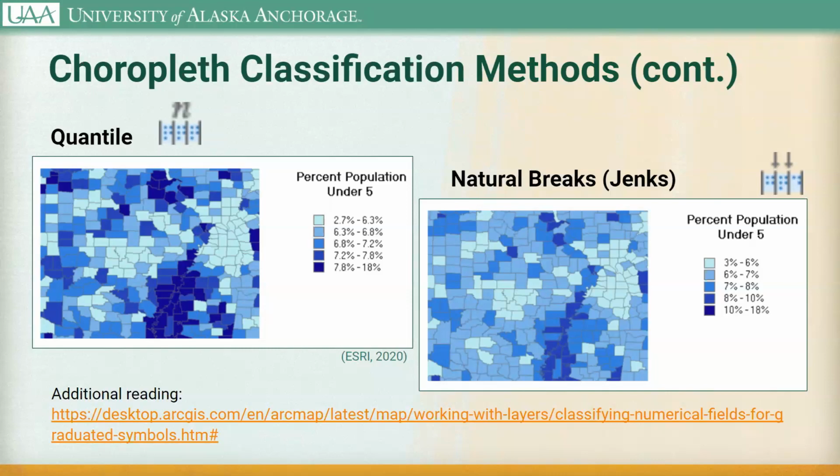So if we had a data set that had a high spike down low and then a spike in the middle and a spike at the top, our eyes could go to that and say, okay, I want to group this group in one, and I want to group the middle group in another, and the upper group in another, and we could draw lines in there somewhere. But we're trying to get away from that, right? We're trying to use a GIS system, and it's supposed to do that for us. So there's a lot of math that goes into the Jenks natural breaks system that achieves what I just described in saying, okay, I want 5 groups and I want you to figure out where they make the most sense, computer, go. So it's a pretty cool system.